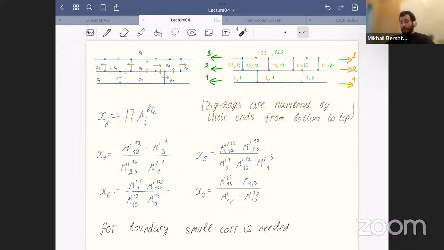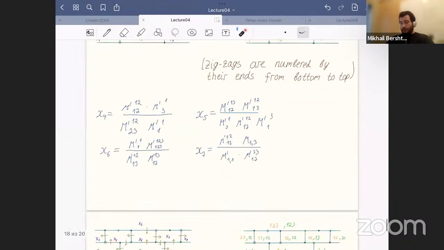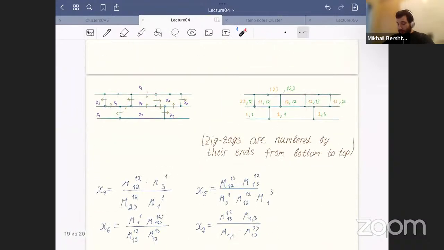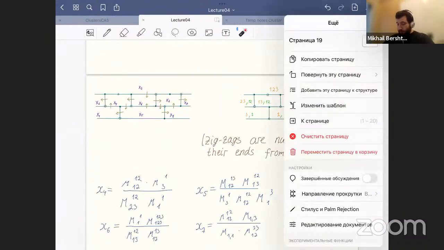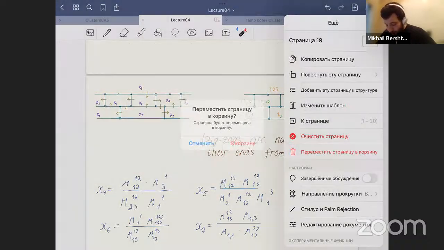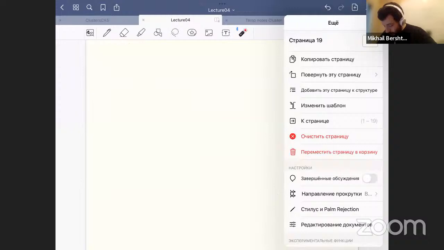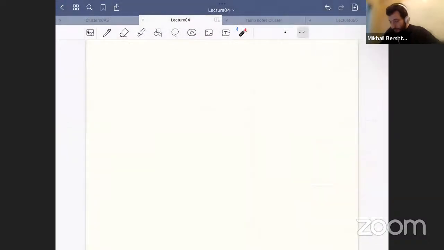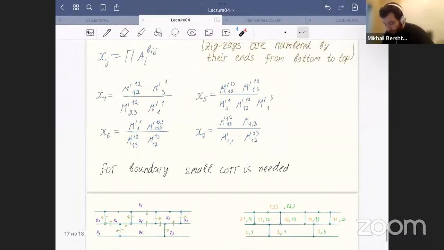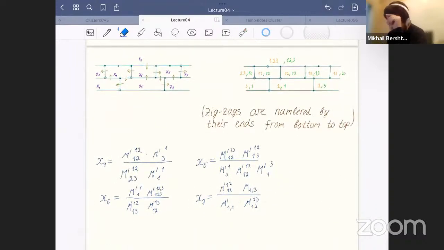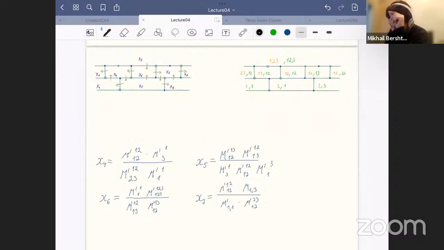Okay, maybe one more remark. And here, one can ask what happens if we use the same formula, but not for M prime, but for the original matrix.